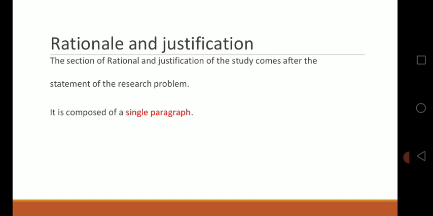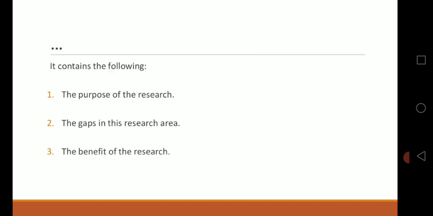We knew what we write in the statement of the research problem. Just like we said, we write the definition of the problem, the size of the problem, and the impact of the problem. So in the justification, what do we write? Justification of the research contains the following three parts.